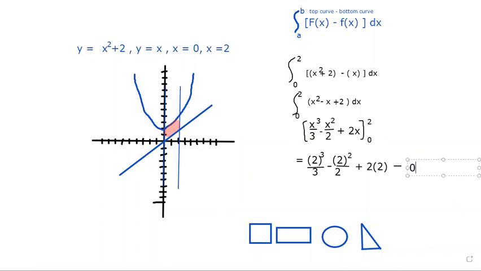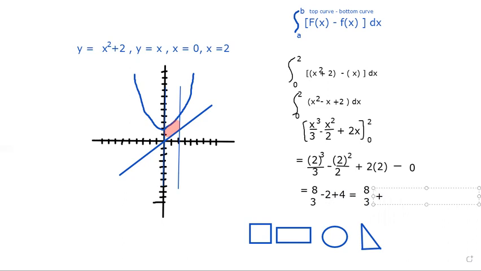So now, 2 cubed, that's going to be what? 8/3. Now, 2 squared over 2, that's 4 over 2, that's 2. So we have 8/3 minus 2 plus 4, which gives us 8/3 plus 2.